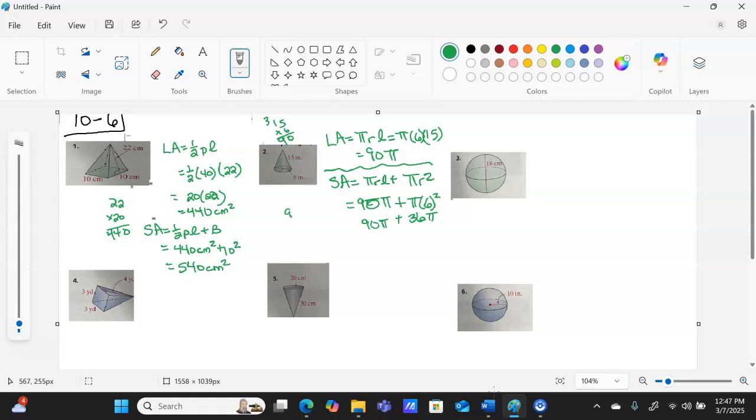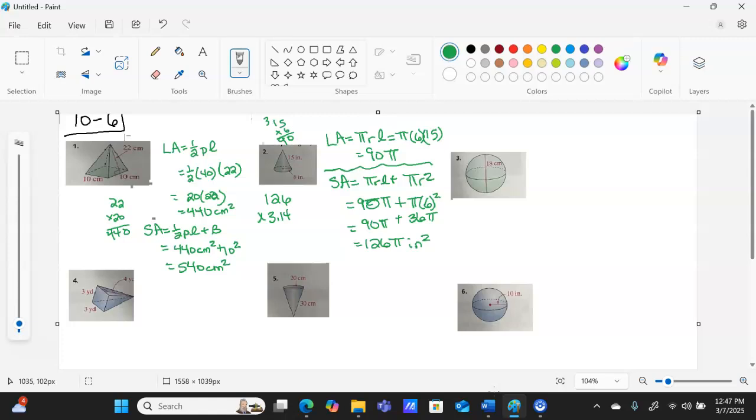So how many pi's do I have? 90 plus 36 is 126. And it's 126 pi inches squared. If we had to go to an actual decimal place, then what we would have to do is take this 126 and multiply it by that pi value of 3.14. I was just trying to speed up the homework for you.